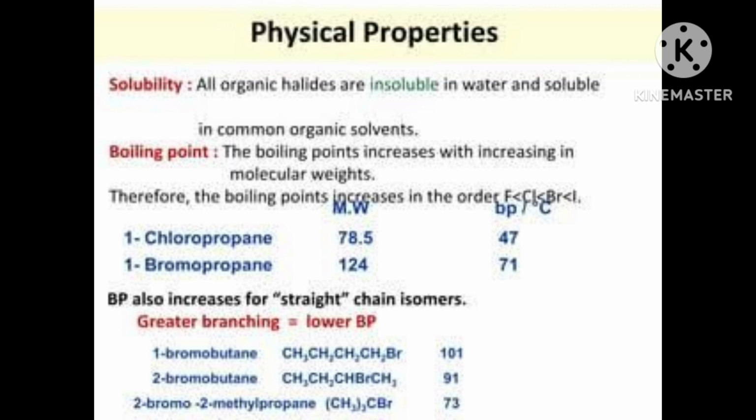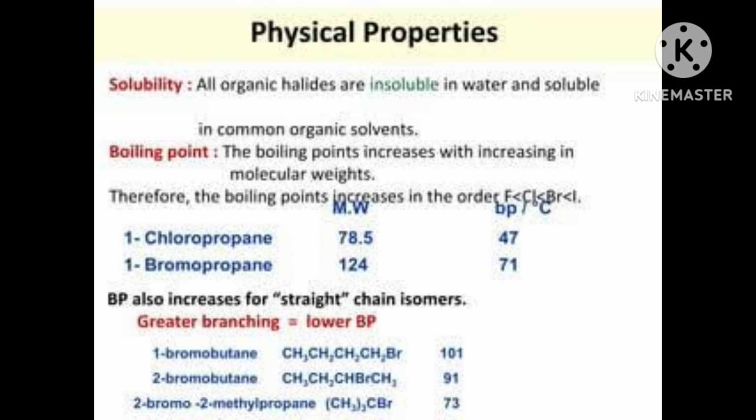Similarly, suppose the nucleophile is NHR dash, and it reacts with alkyl halide, then it will give R-NH-R dash. Two R groups are attached to nitrogen, R and R dash. This is the secondary amine.